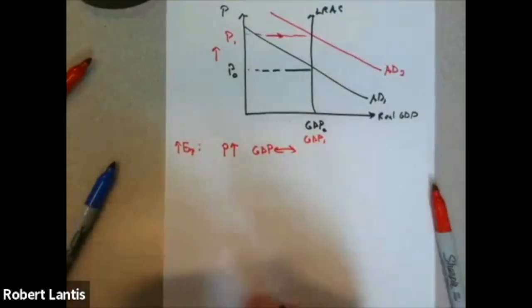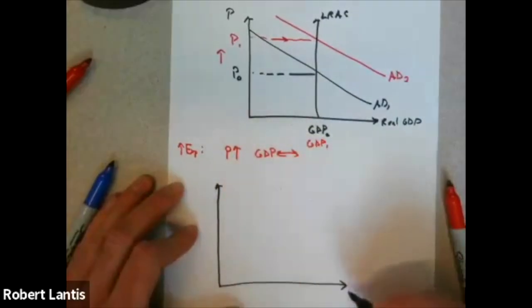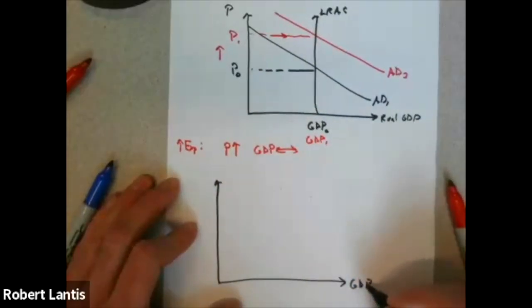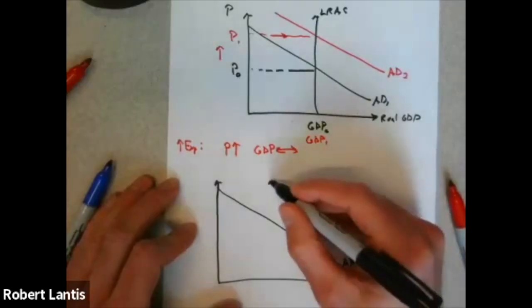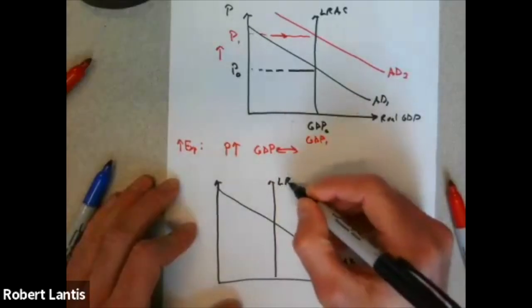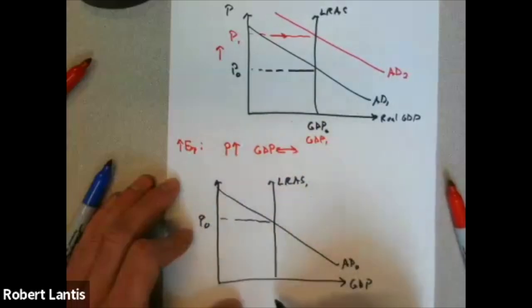Now, if at the same time we had that labor supply decrease, what did that do? We had our original aggregate demand, our long run aggregate supply, our initial price, and our initial GDP.